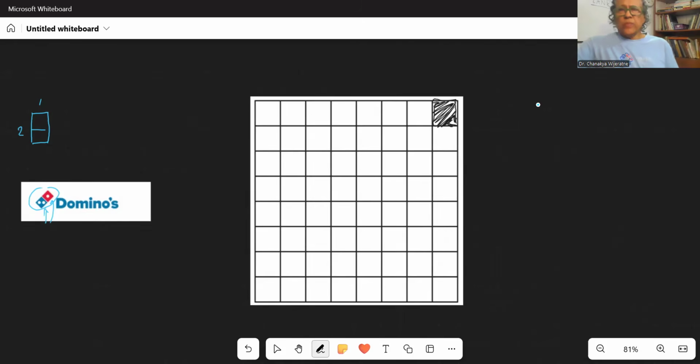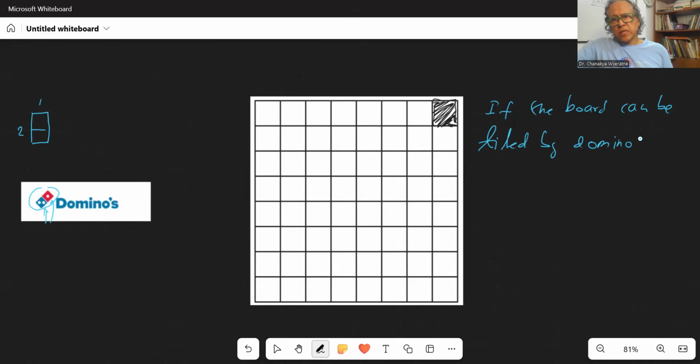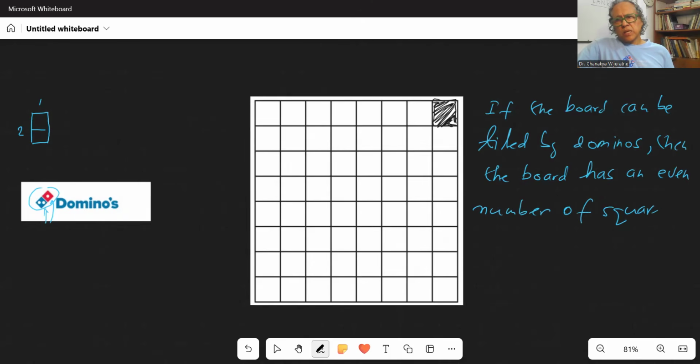So if the board can be tiled by dominoes, then the board has an even number of squares.